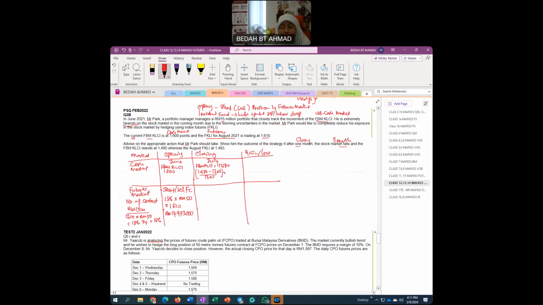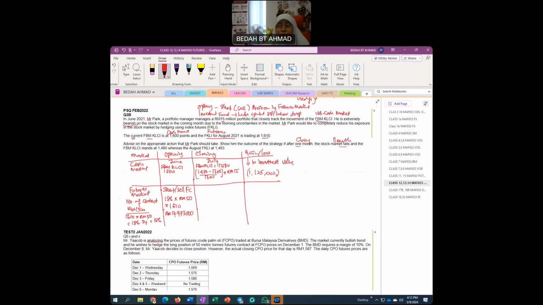Then you multiply by the investment value, 15 million. So you got here 1.125 million. This is the reduction in investment value, which you put in brackets: 1,125,000. 1480 minus 1600 divided by 1600, multiplied by 15 million.